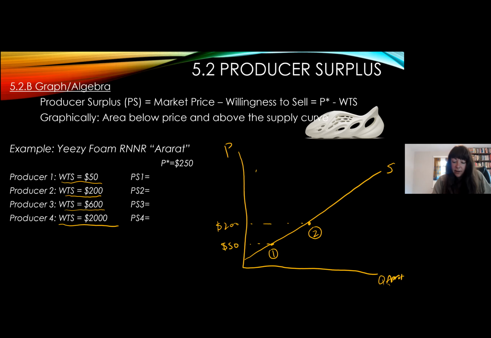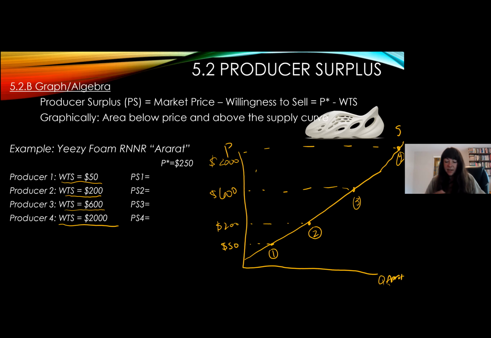The third seller is here at $600. And then we're going to need to stretch our axis a little bit to show this fourth person who's very, very attached to the shoe and only willing to sell them for $2,000. Very high opportunity cost seller who really wants to hold on to the shoes themselves. That's what our supply curve looks like. And again, you can think of it as being linear.